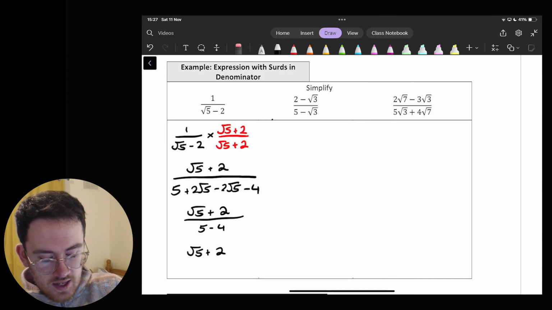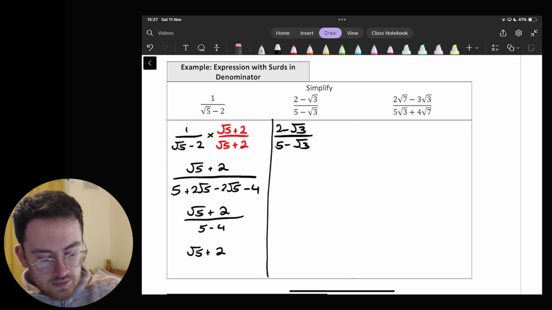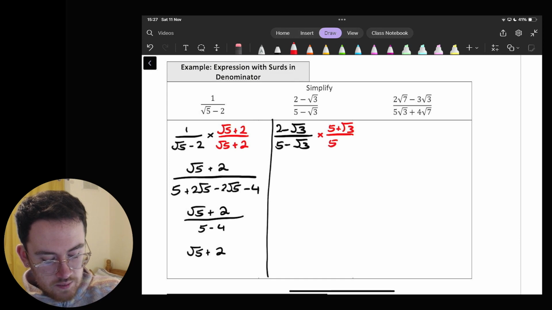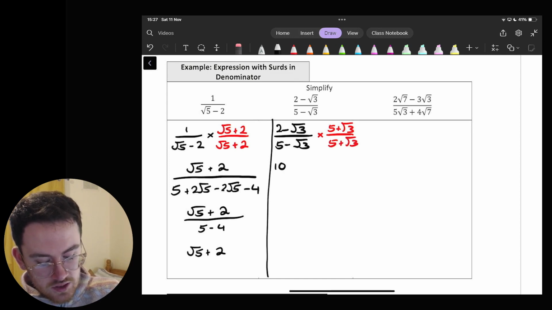Looking at the next one then, again, same as before, I need to multiply the top and the bottom by the conjugate of the bottom part. A little bit more complicated this time because I have a full surd expression on the top, but again, I just change the sign between them. I'm going to multiply out the top part first, so 10 plus 2 root 3 minus 5 root 3 minus 3.